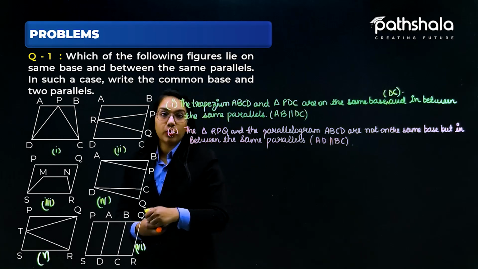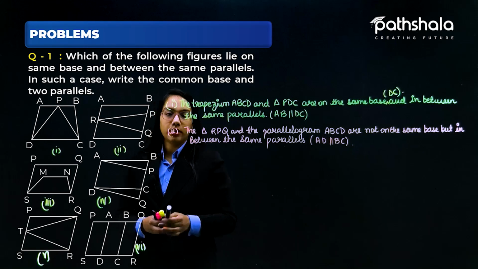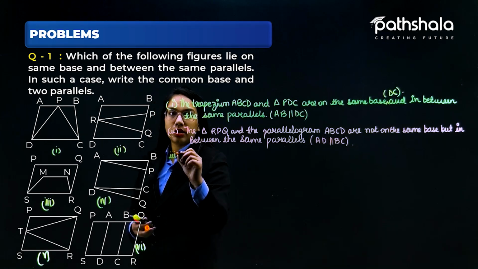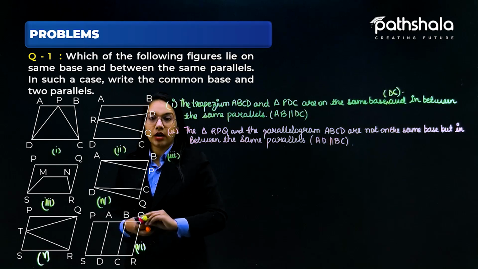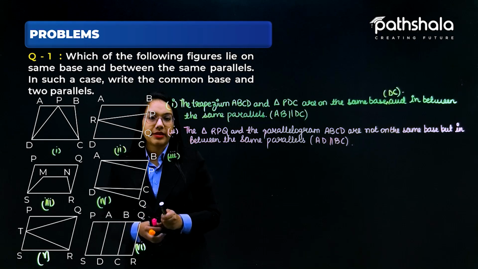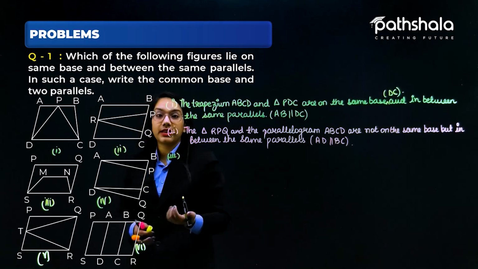Now let's talk about the third. In the third part we have again a parallelogram and a trapezium, and you can say that they are on the common base but they are not in between the same parallels.